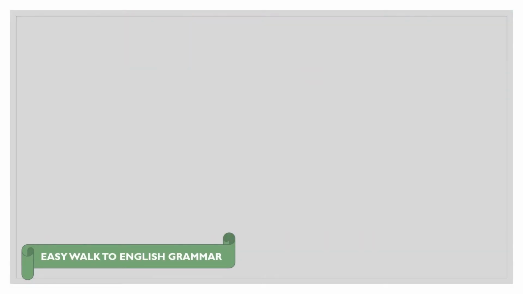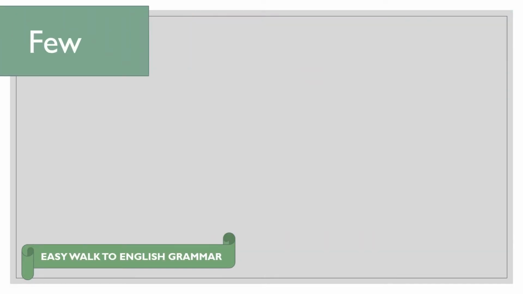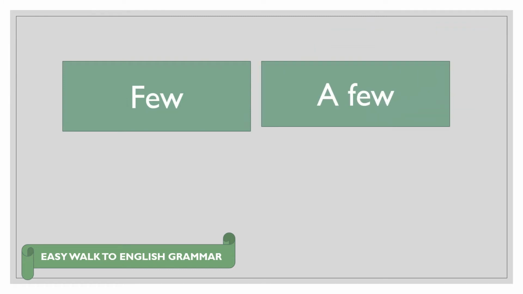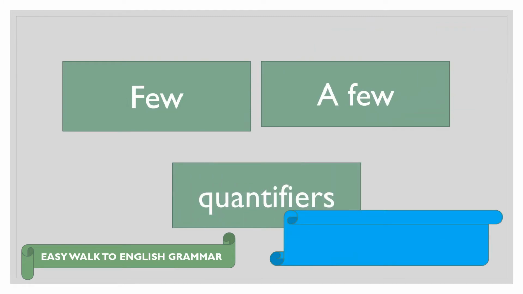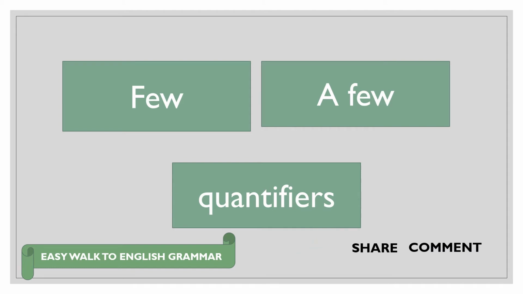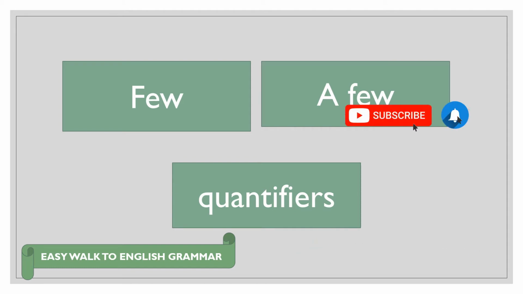Dear friends, first of all, we should know what these few, a few, and the few are. They are quantifiers. Quantifiers are words or adjectives that help us to know more about the number or quantity of certain nouns.